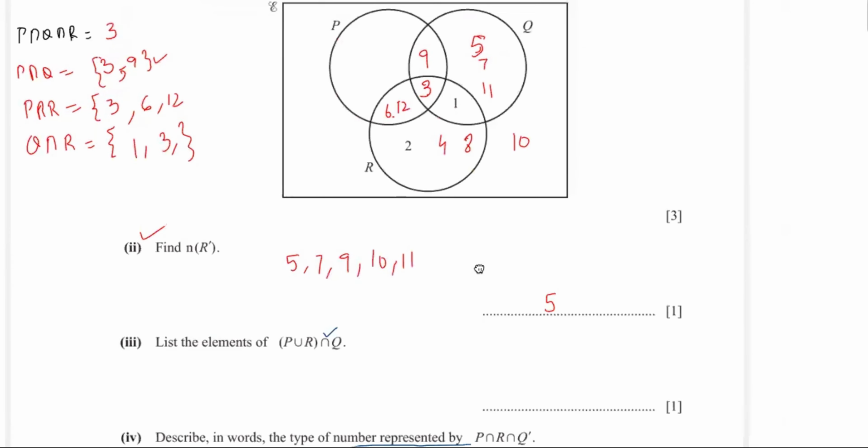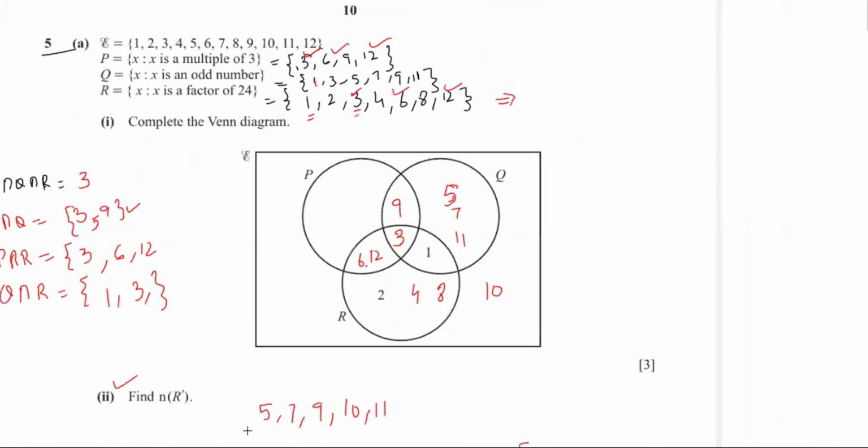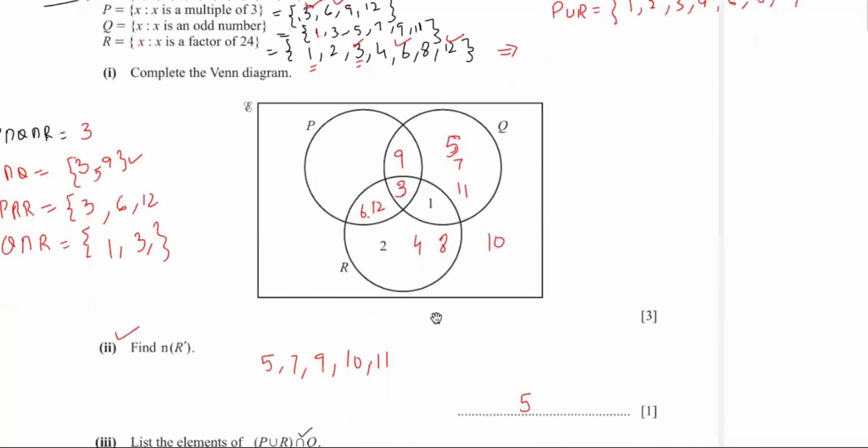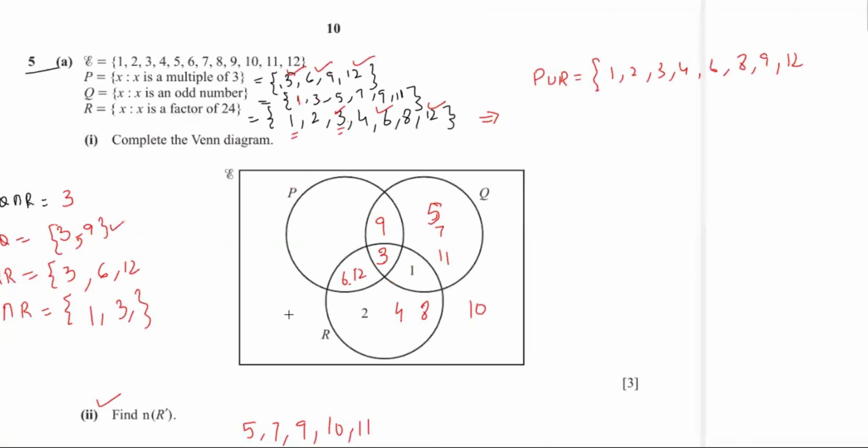Next is P intersection, P union R, intersection Q. Firstly, we write the elements of P union R: 1, 2, 3, 4, 6, 8, 9, 12. And next is Q. The elements of Q are 1, 3, 5, 7, 9, 11.